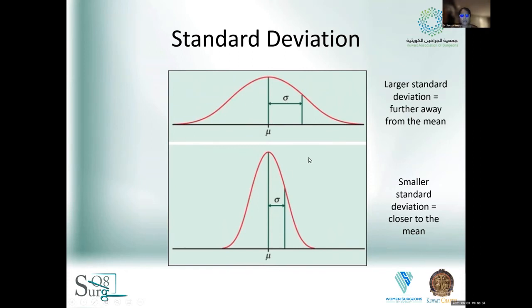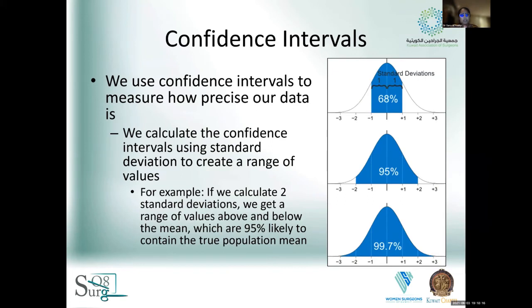The larger the standard deviation, the more spread out your data is from the mean. The smaller the standard deviation, the closer it is to the mean. So it's a measure of spread. We use standard deviation to give us the confidence interval. We use confidence intervals to tell us how precise our data is, how much of it is very close to the mean.